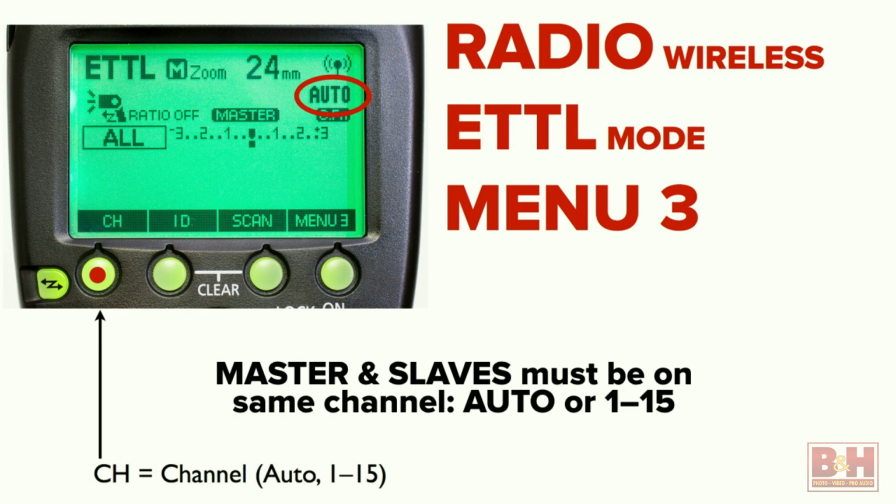And again, the menu button advances us, so let's see what's here. Channel. Channel, similar to optical wireless, we have to have the master and the slaves all set to the same channel, although we do have an auto default. That's the way it comes out of the factory. The problem is, for me, that everyone's units come out of the factory in auto, so if I'm in a multi-shooter environment, I don't want to be in auto per se.